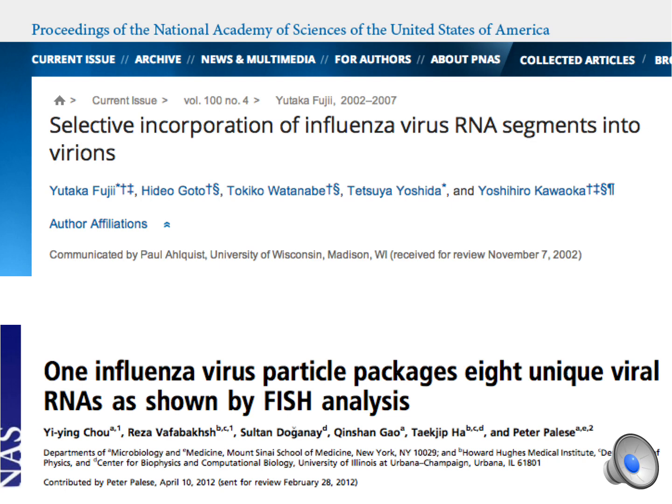You can imagine, just one last point on that, that for an enveloped virus with helical nucleocapsids, those have a sort of pleomorphic structure. You could conceivably package more than 8 because the particle would just get bigger.